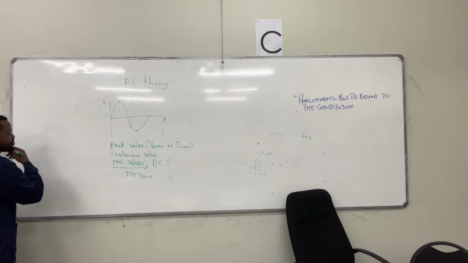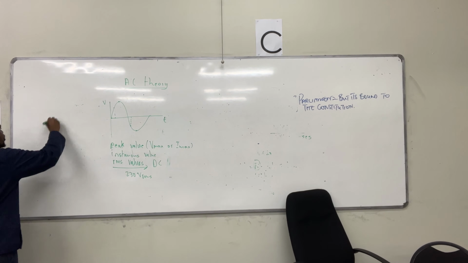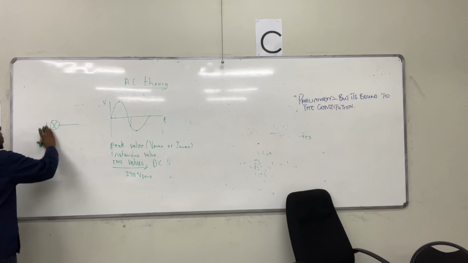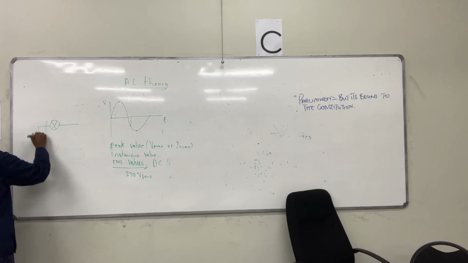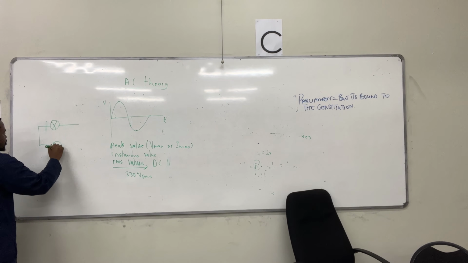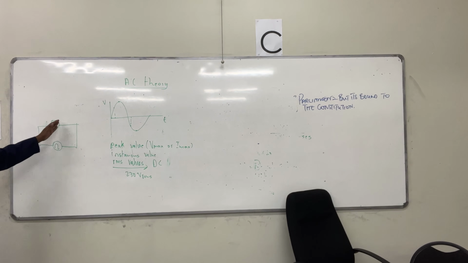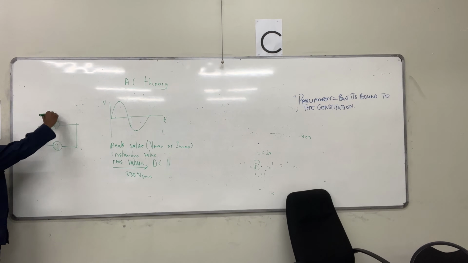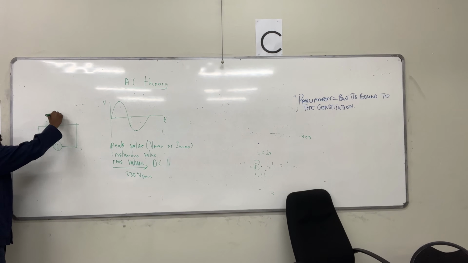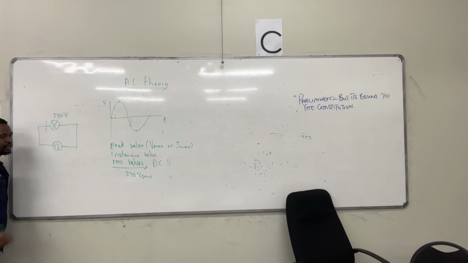Suppose we have a sine source here, on the slide. The rating of this bulb says it needs 230 volts for it to glow.